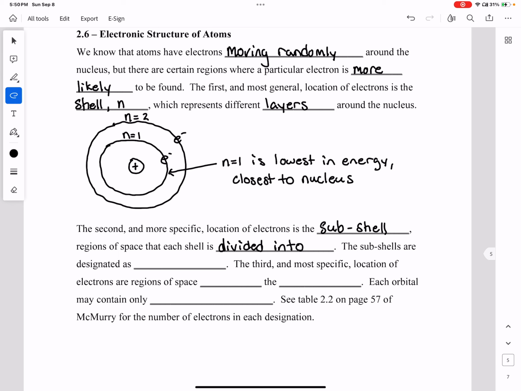So these subshells are designated by the letters S, P, D, and F. Okay. So the third and the most specific location of the electrons are regions of space within the subshells.